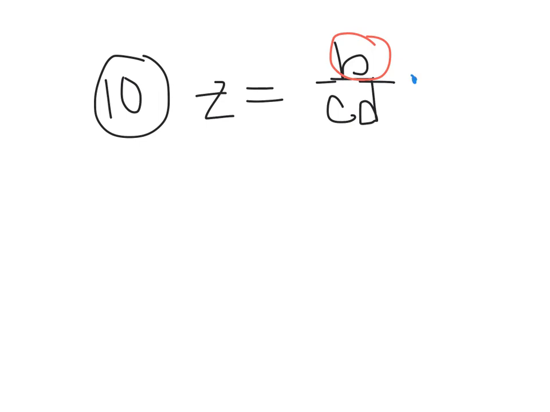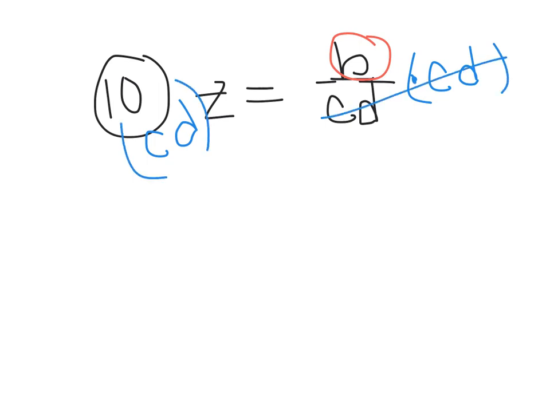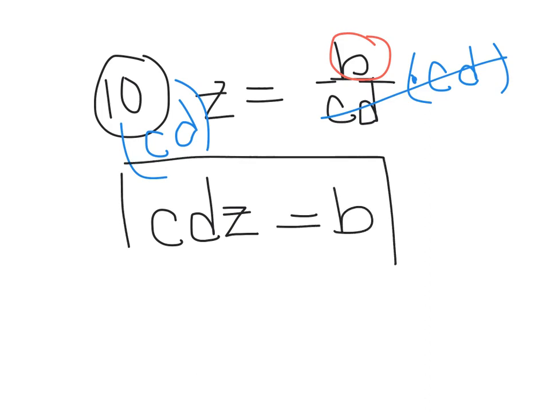So to undo that, I'm going to multiply by c and d. If I do it on one side, I got to do it on the other side. These CDs on the right side of the screen cancel off. And on the left side, I have C times D times Z equals B. And that is my final answer.